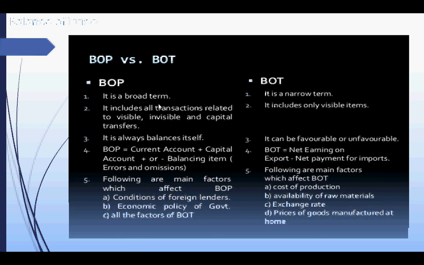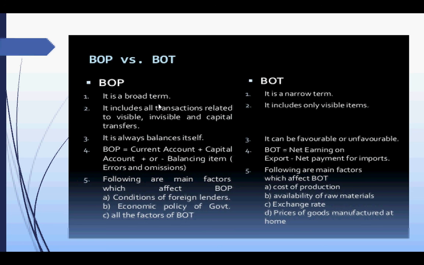Okay, so now let's understand in brief the differences between the BOP and BOT. BOP is a broad concept, BOT is a narrow term. BOP includes all transactions related to visible, invisible, capital transfers, all the things. But BOT includes only visible items.